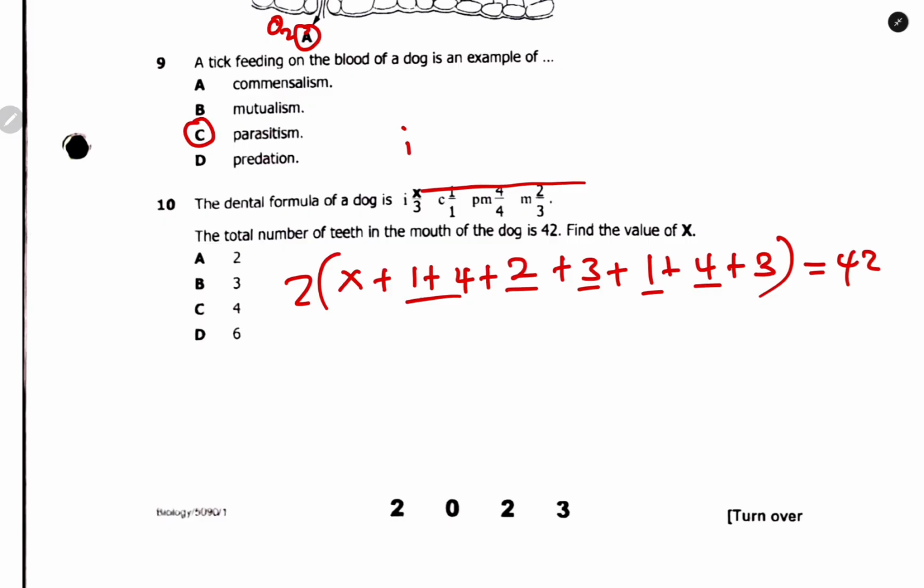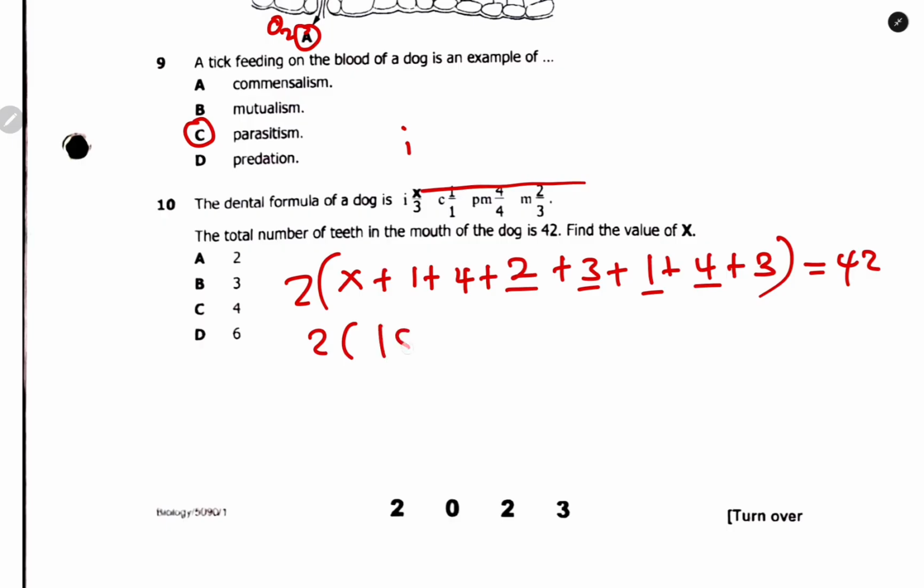Okay, I don't know if I'm adding correctly, but let's just take it once more. 1 plus 4 is 5, plus 2 is 7, plus this one is 10, plus 8 here. That is 11, 15, 18.